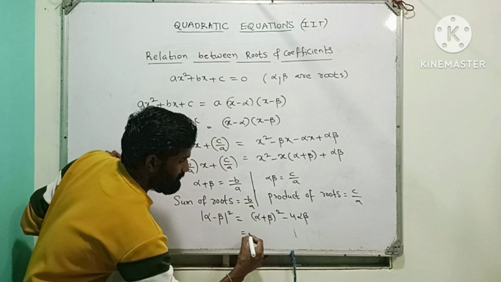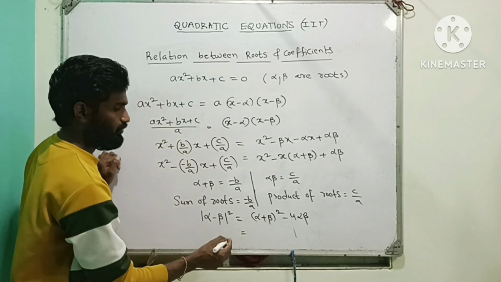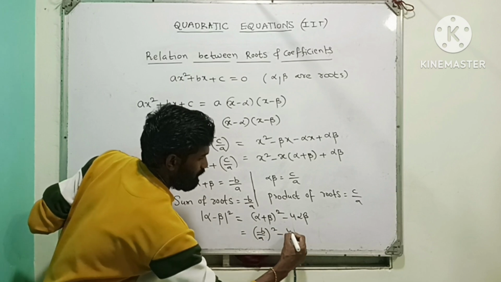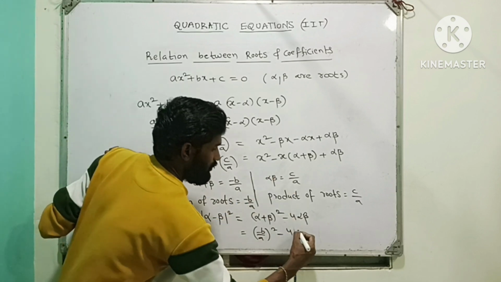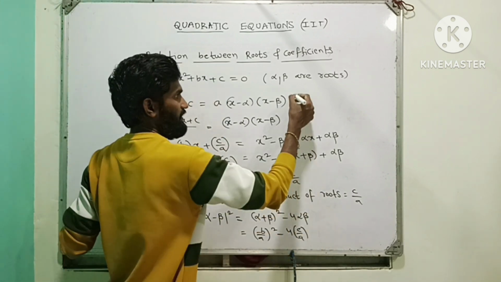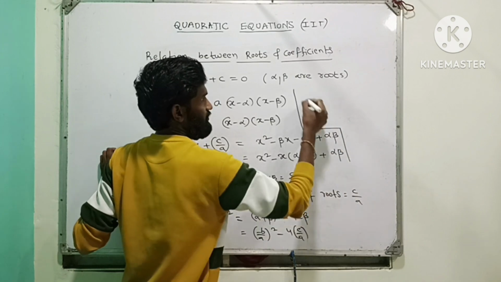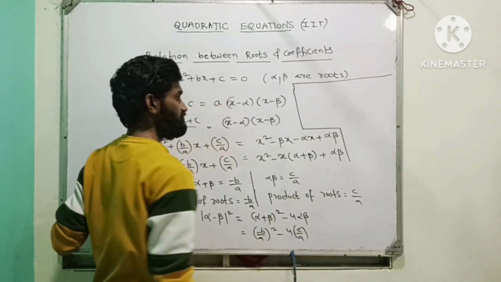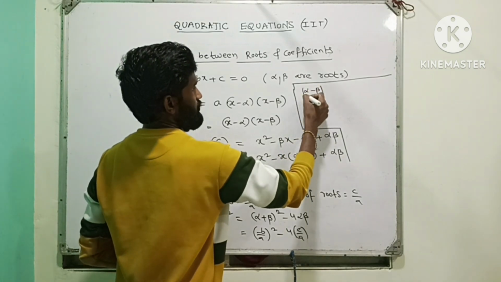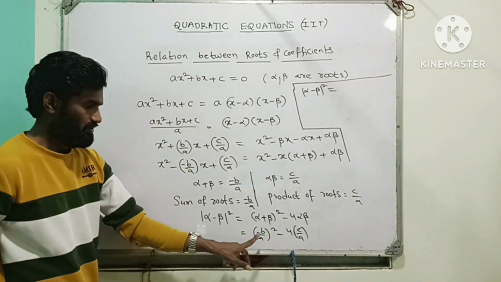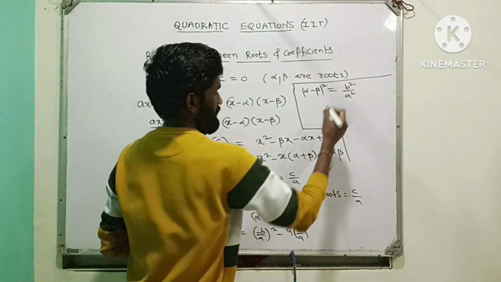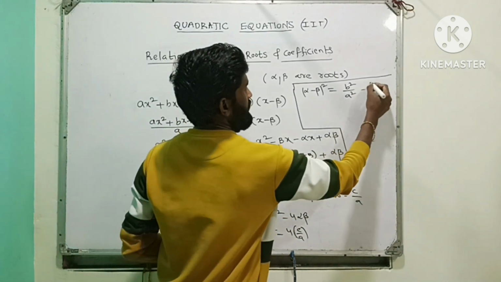Now alpha plus beta whole square is minus b by a whole square minus 4 into alpha beta, which is c by a. So from this I will get alpha minus beta whole square equal to b square by a square minus 4c by a.